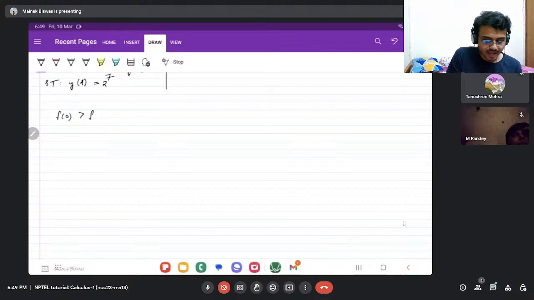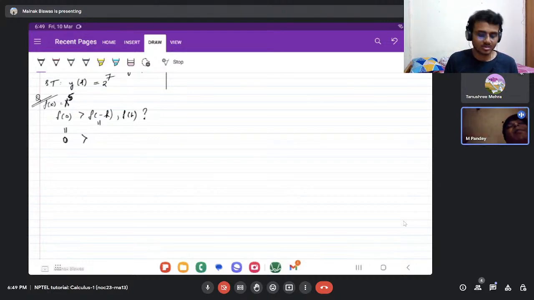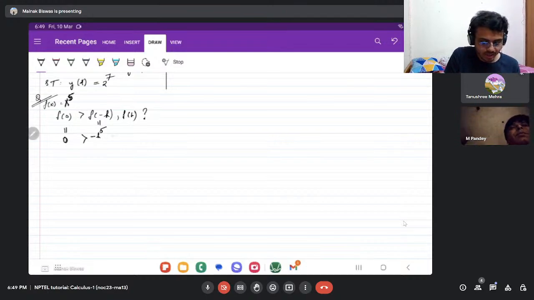Is f of 0 greater than f of minus h and f of plus h? f of x is equal to x to the power 5. Is it true? What is f of minus h? f of 0 is 0. f of minus h is minus h to the power 5, and f of plus h is plus h to the power 5.